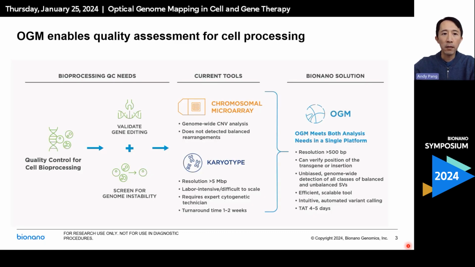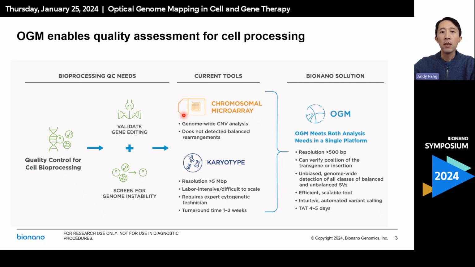So when we are talking about bioprocessing QC, we are looking for on-target events such as the edited gene, validating the edits, as well as off-target events, that is, to screen for genome instability as a result of the editing. Currently, users can use chromosomal microarrays to look for genome-wide copy number variation.